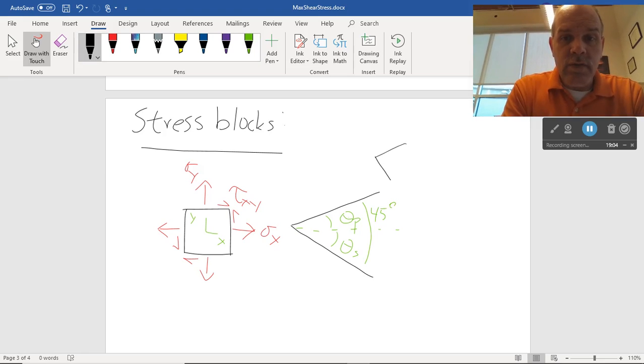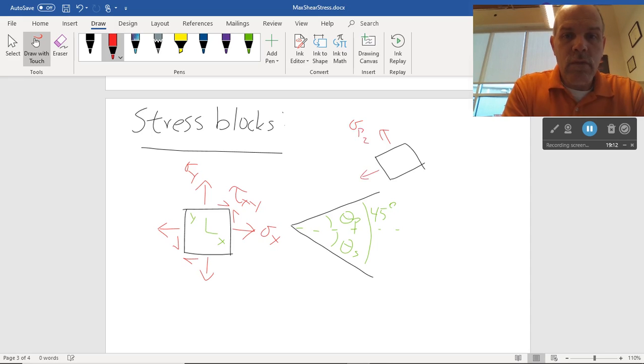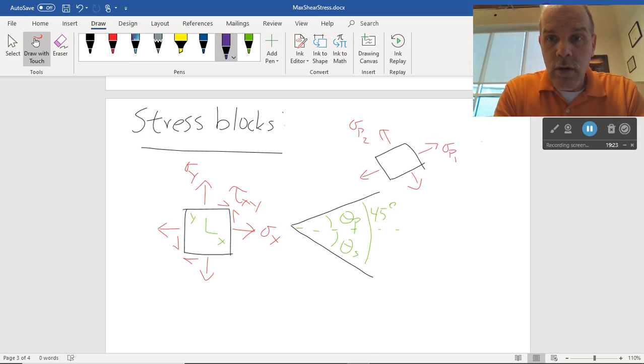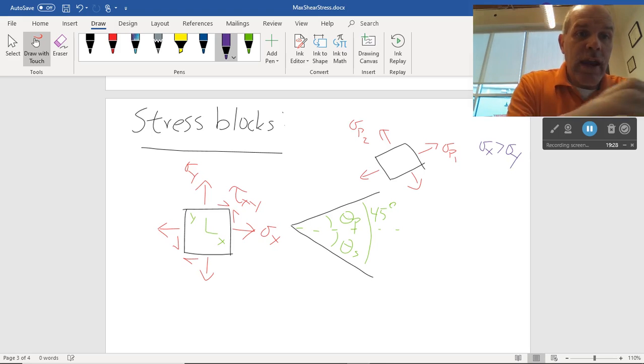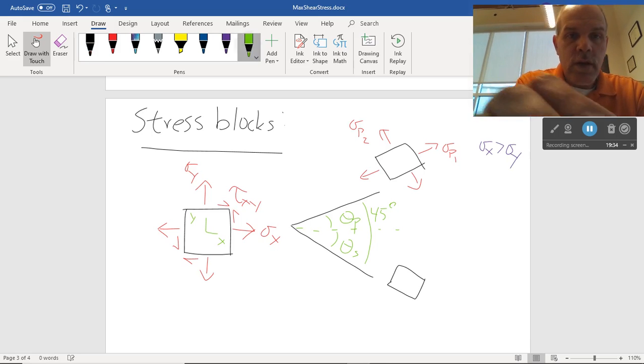My stress block for the principal stresses is going to be sigma p1 and sigma p2. This is under the assumption now that sigma x is bigger than sigma y, because sigma x rotated to be sigma p1. And then this other block, if I can put some axes on the first one, of course, call them P1, P2.